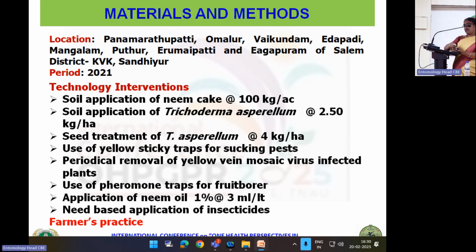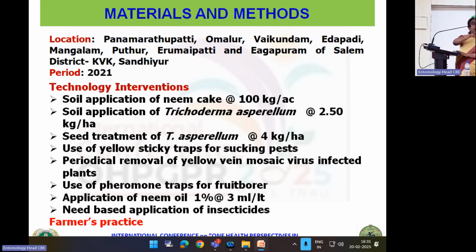Although mite incidence was there, it was not accountable for record of the comparison along with the farmers practice, so we didn't take that into account. Instead, we came across a lot of sucking pests like whiteflies. Regarding the diseases, we have taken Cercospora leaf spot, since these regions were prone to it, and powdery mildew was very meager for recording.